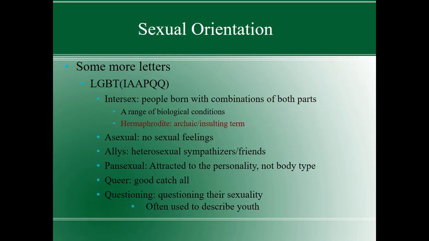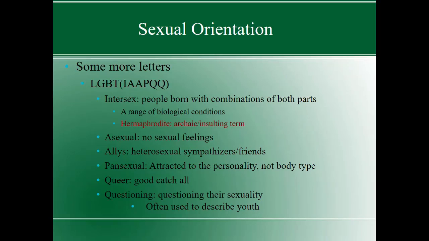Now, there are some more letters, though, that you may have seen. It's LGBT. Keep in mind that term LGBT came in the 1990s. Well, since then, we've added an I and two A's, a P, and two Q's. So let's talk about a few more of these. You very rarely will see all of those letters, but it's good to know what you're looking at. So that I refers to intersex people.